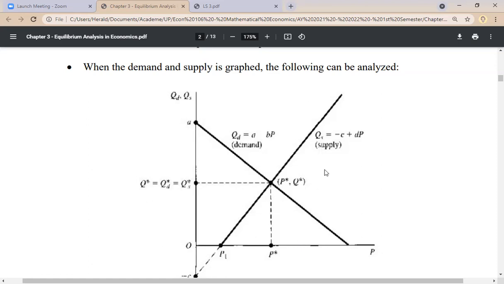For this one, what we used is directly the supply and demand functions. So again, you could either solve or come up with equilibrium values either by solving it or by using graphical analysis.